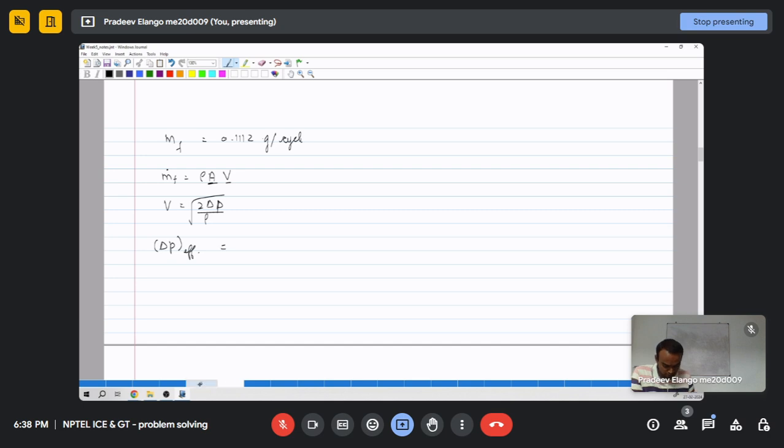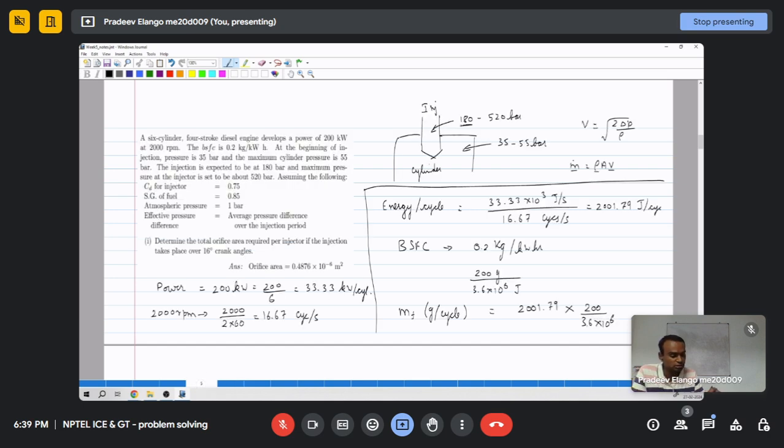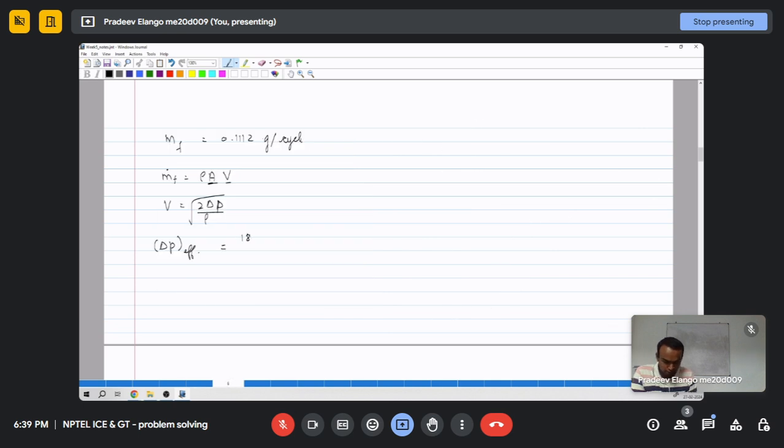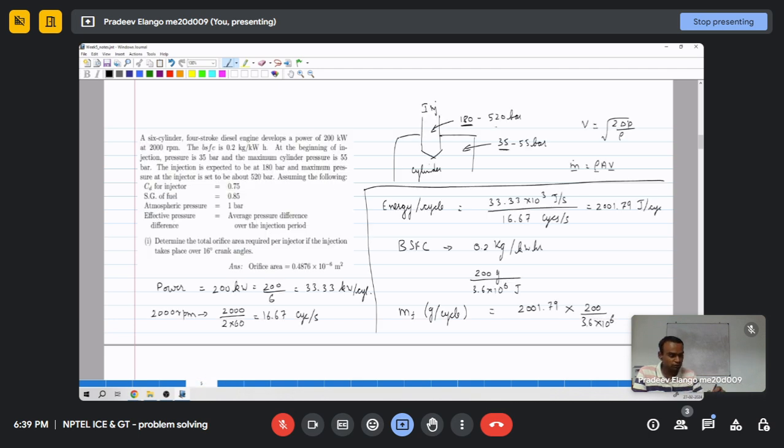So delta P effective is, as I said here, fuel pressure is initially 180 bar and then 35 bar at the cylinder. So the initial delta P across the orifice will be 180 minus 35, and we need to take the average of the initial and final delta P. Similarly final delta P is 520 minus 55, since finally the fuel pressure will be 520 bar, whereas the cylinder pressure will be 55 bar.